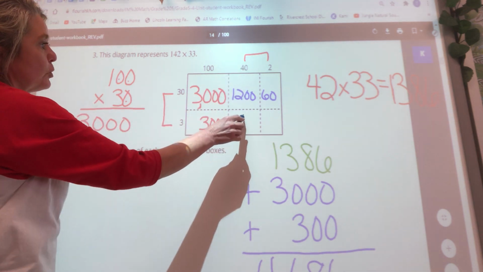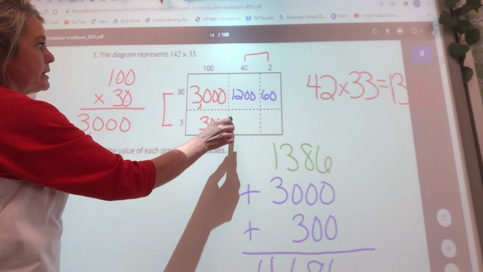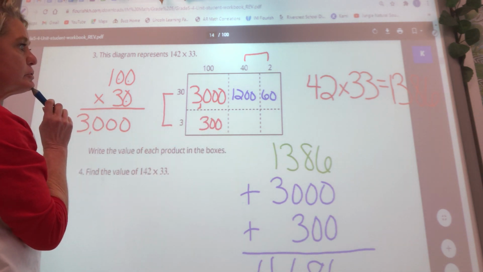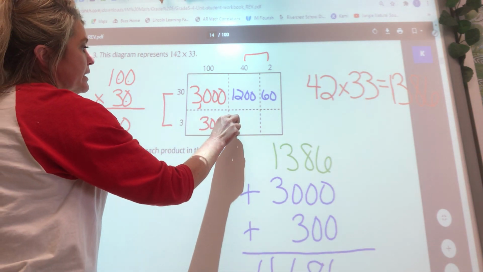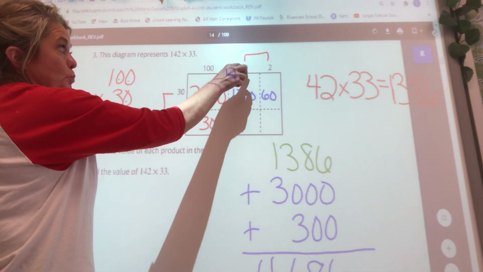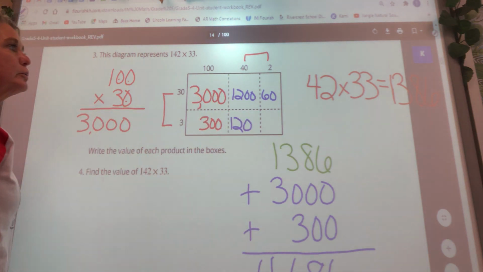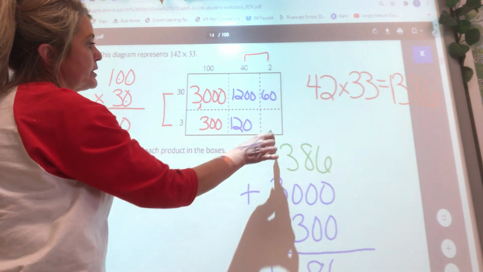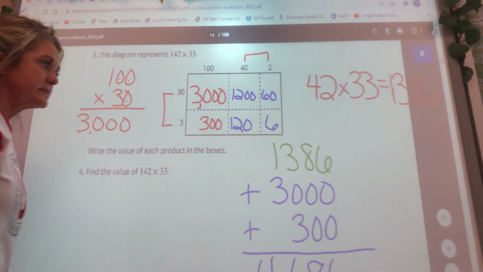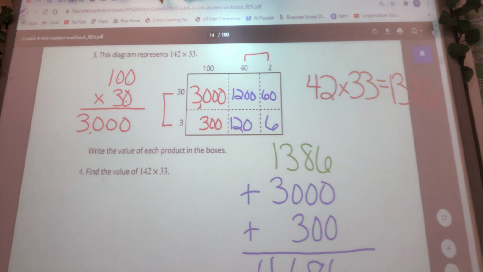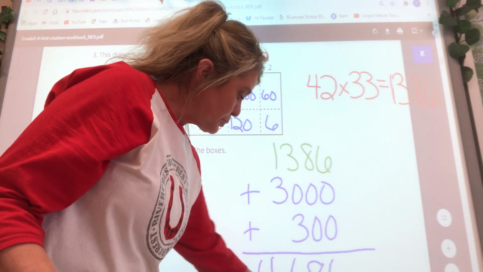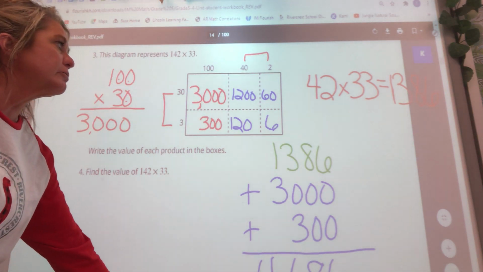We got 40 times 3. 40 times 3. So we would have 12 and then 1 zero that we hadn't done anything with. And then 2 times 3 we know is 6.